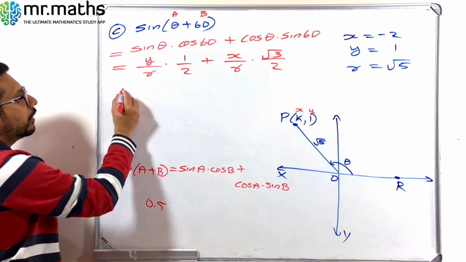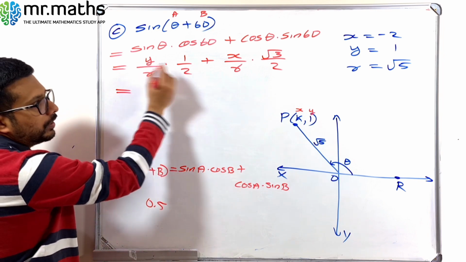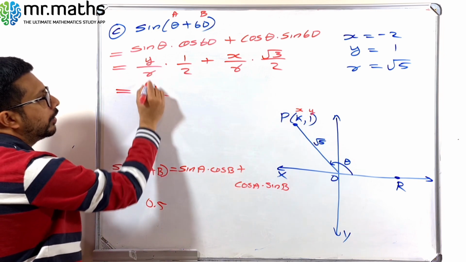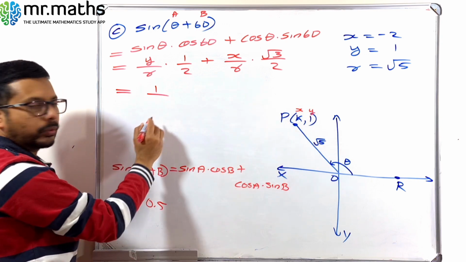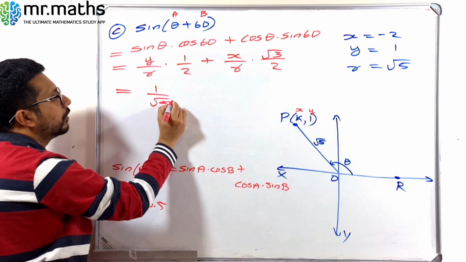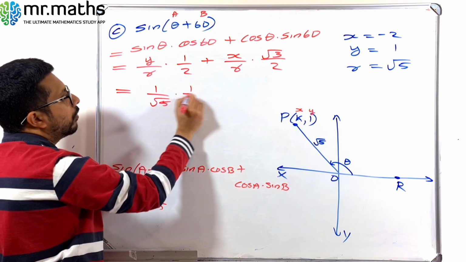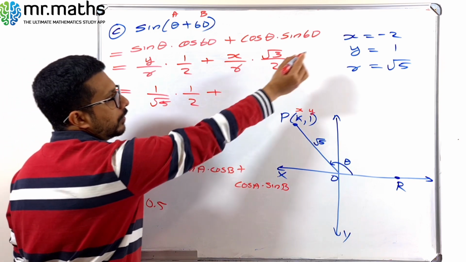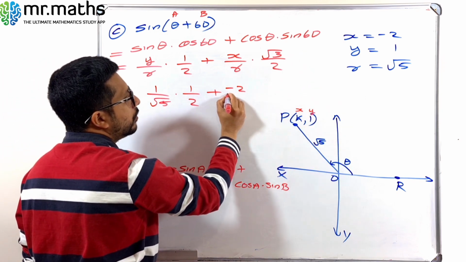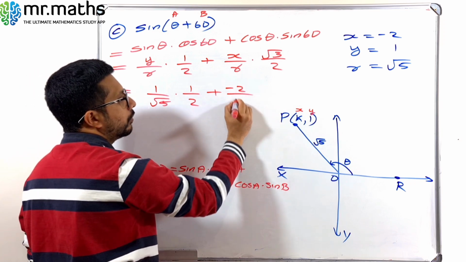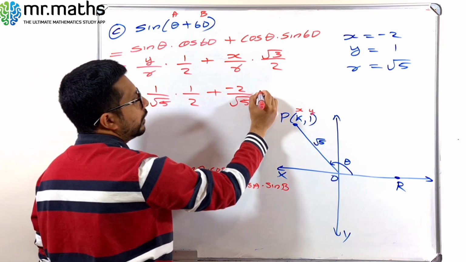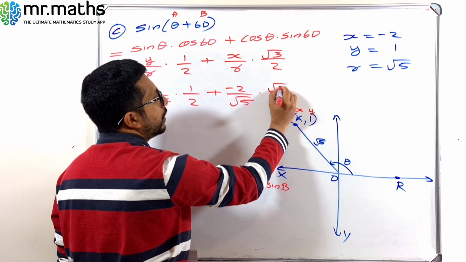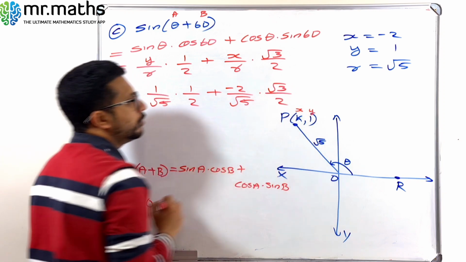Okay, so here we can substitute the values. y is 1 divided by r, root 5, into 1 over 2, plus x, what is x? Minus 2 divided by r, root 5, then into root 3 divided by 2.